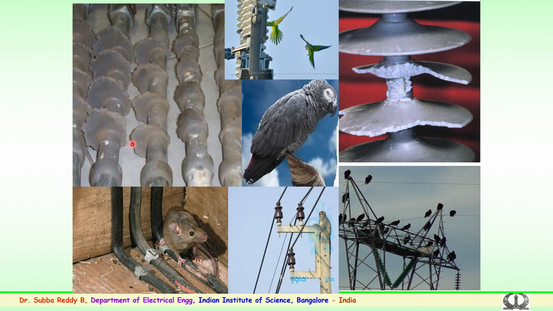If you do not store it in a proper way, small animals could damage the insulation, and also some parrots and huge birds which normally reside on the towers of the transmission lines would like to peck the surface of the silicone rubber so that they could damage the sheds. This is again a small issue pertaining to birds and small animals. So, every care has to be taken as compared to ceramic or glass insulators. These are to be much more attended to in the transmission systems.